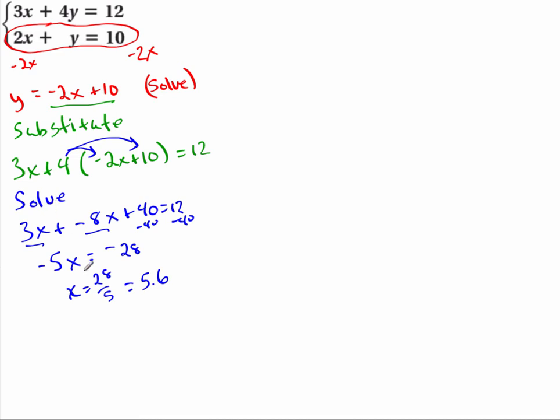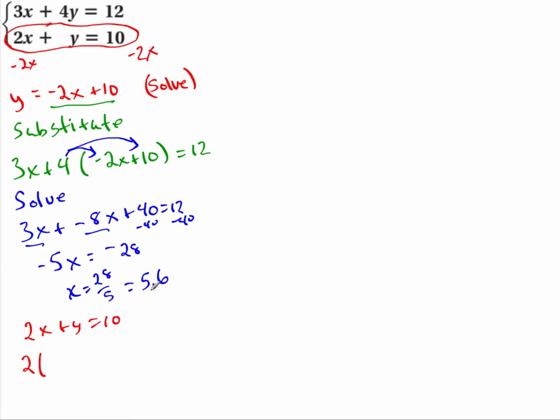That's the first solve. Now I'm going to substitute this back into one of the original equations. And it doesn't matter which one I substitute into. But you know what? I like this one so much because it's so straightforward. I'm going to substitute it into 2x plus y equals 10. So this is 2.